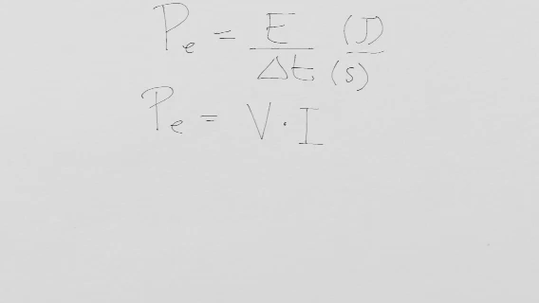If we look at V, what does V stand for? Volts, or potential difference. What is the original formula for potential difference? V is equal to E over Q.